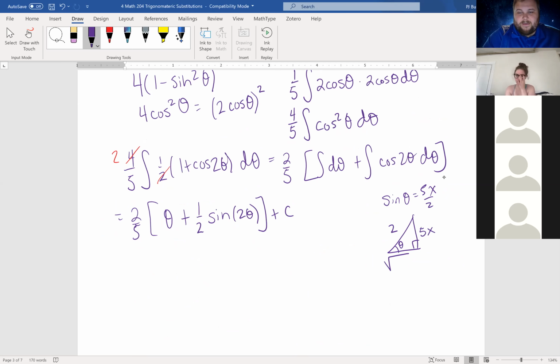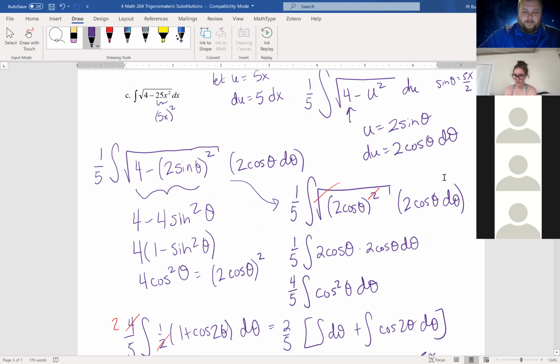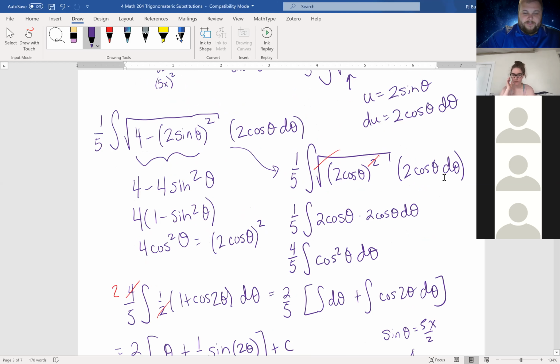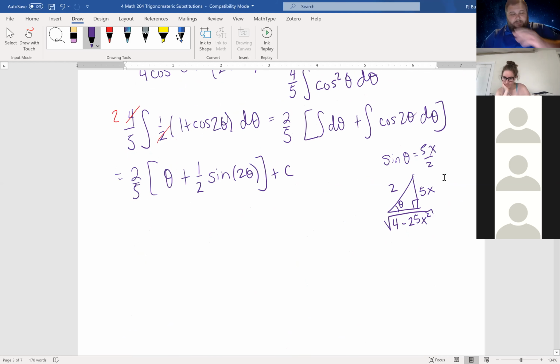And the third side then is going to be the hypotenuse squared minus the other side squared. And that's really good because 4 minus 25x squared under the radical is exactly what we started with, right? So that means all this time we've made the right decision for the substitution.